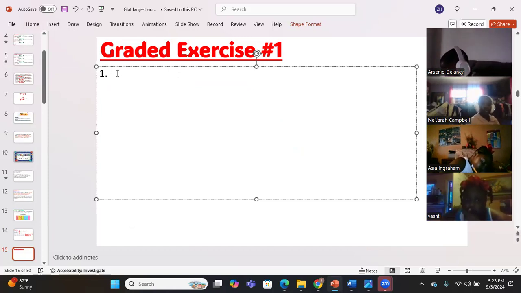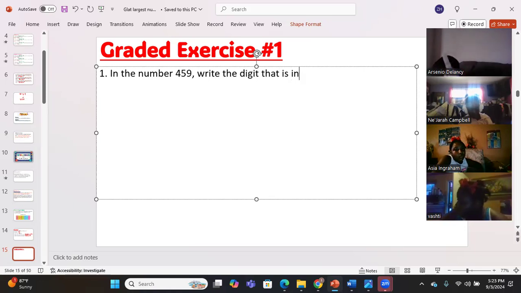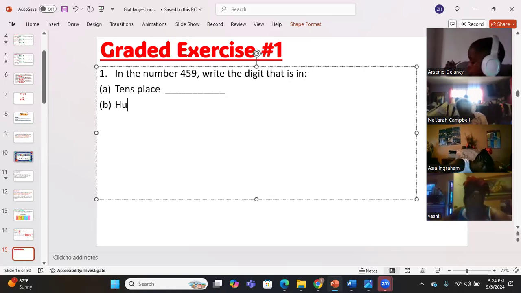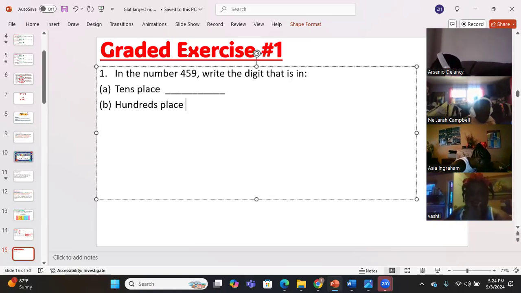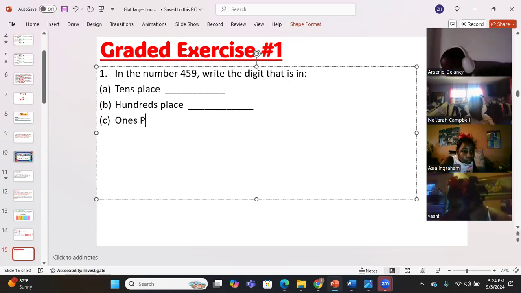In the number 4, 5, and 9, write the digit that is in A, tens place, B, hundreds place, and C, ones place.